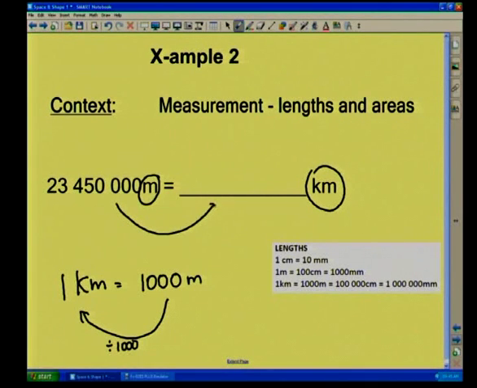So I'm going to divide by 1,000, which makes this answer 23,450 kilometers. Please note that if I'm converting from meters to kilometers, that my answer should be smaller.